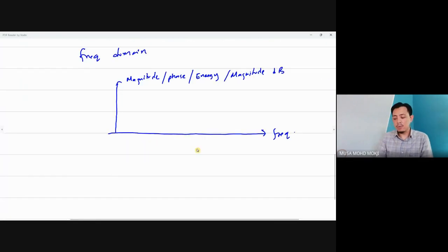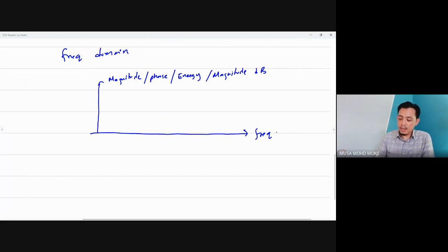And the frequency, we already know that. We have 5 types of frequency. The frequency can be capital F, it can be capital omega, it can be small f, it can be small omega, and it can be k. So we have 1, 2, 3, 4, 5.